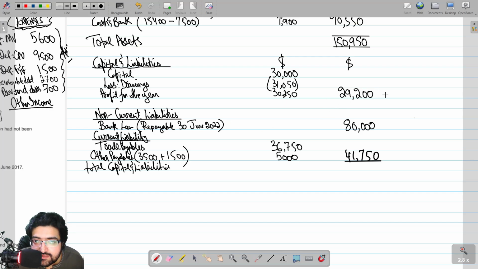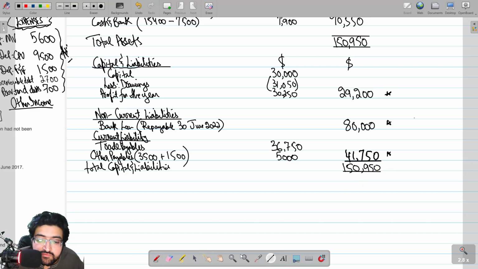Total all these. This is the total of capital. This is the total of non-current liabilities. This is current liabilities. Add these three. 29,200 plus 80,000 plus 41,750. So the total of capital and liabilities is 150,950.